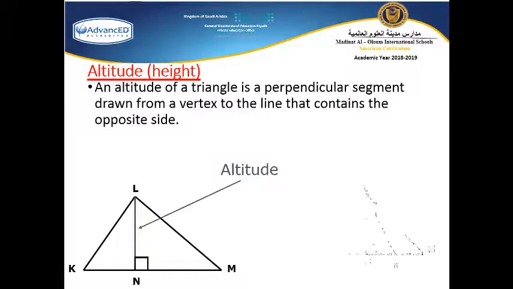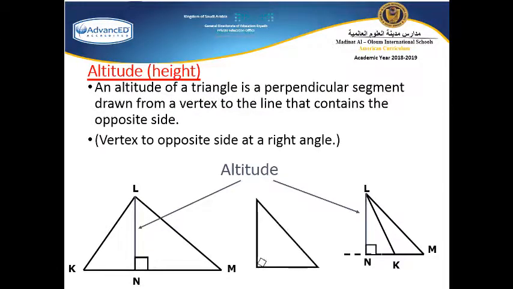The altitude, or the height. The altitude, as we know, is a perpendicular segment from the vertex to the opposite base, or the opposite side. It may be inside the triangle like in the acute triangle, or one of the two legs like in the right triangle, or outside the triangle like in the obtuse triangle.